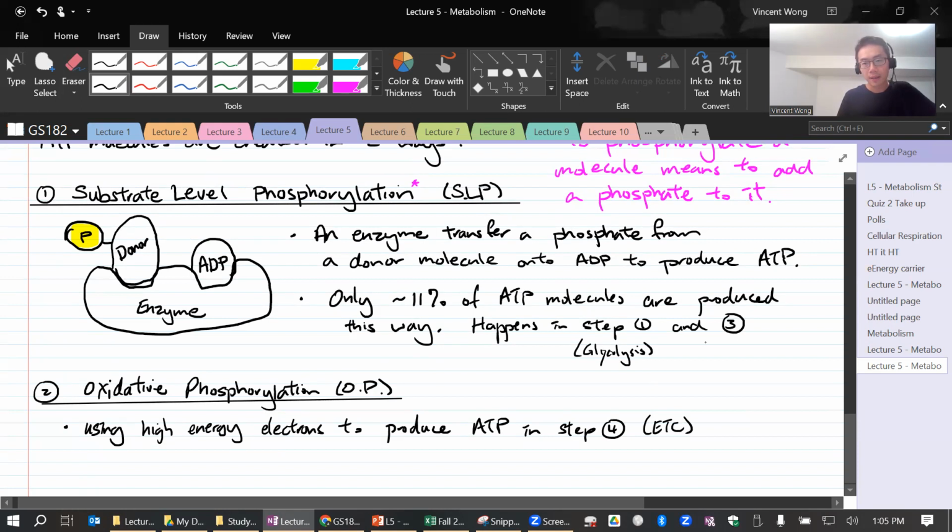Glycolysis and pyruvate oxidation. There you go.